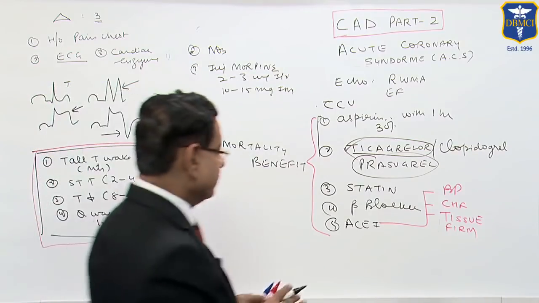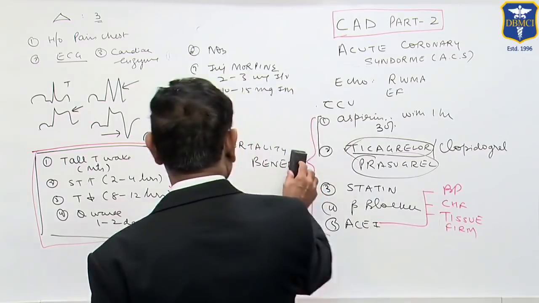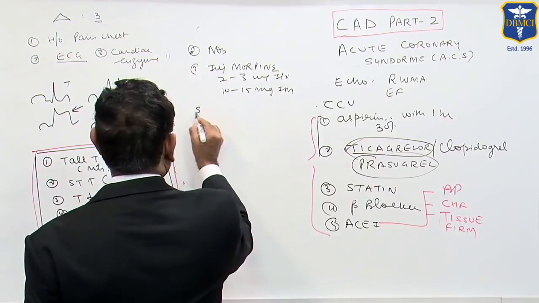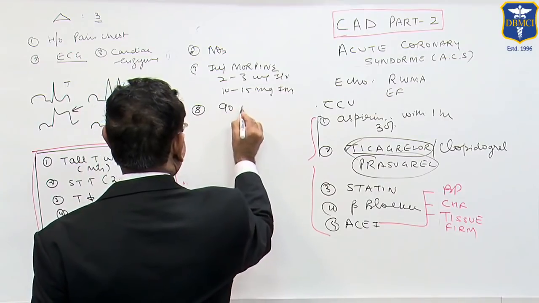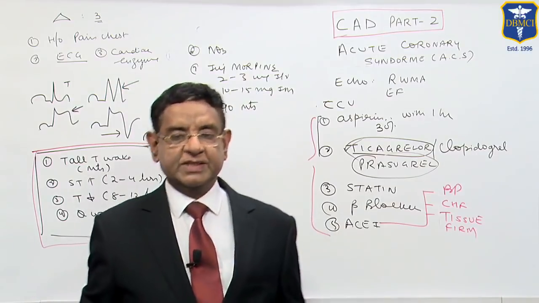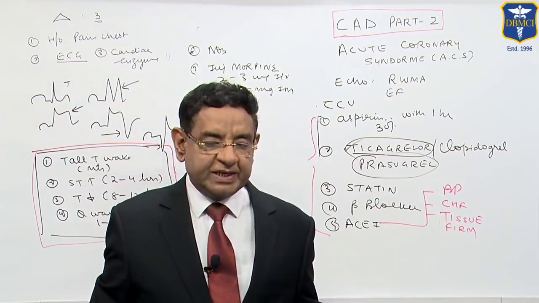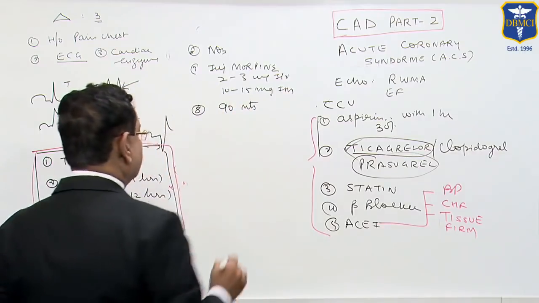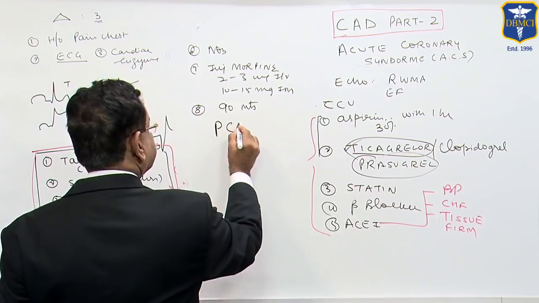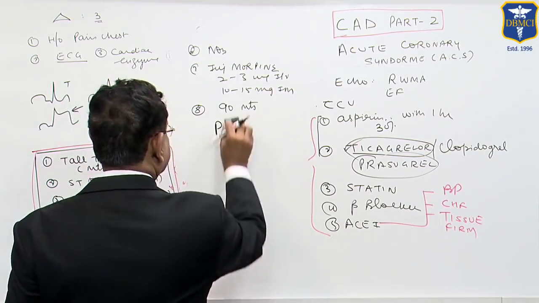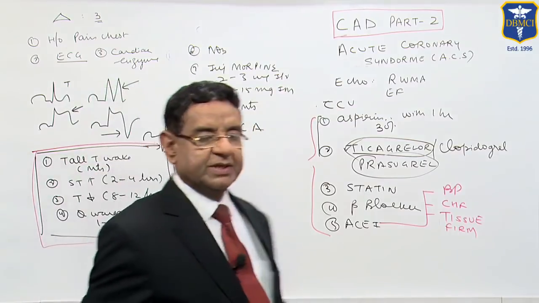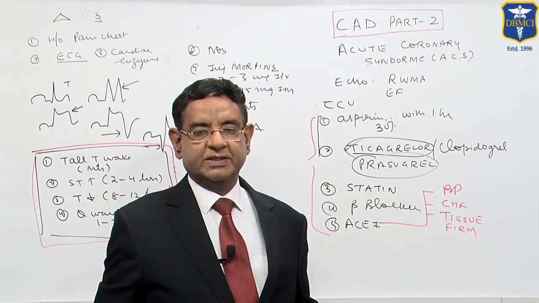Now what else do we do in acute MI? If the patient comes to you within 90 minutes of the chest pain, and if facilities are there, always the further management is PTCA, that is percutaneous transcoronary angioplasty.